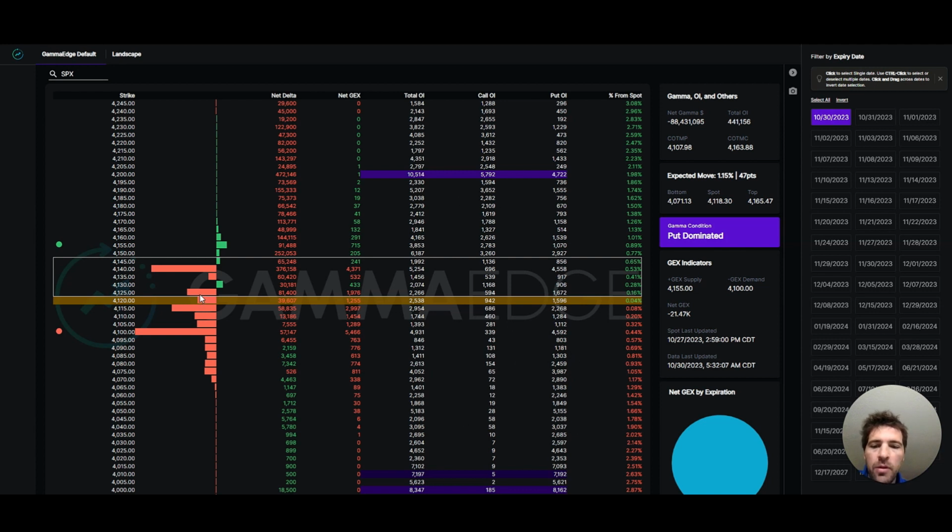So know what that means, that once we start progressing higher, those calls start to become in the money. You start to see more positive deltas. However, conversely to the downside, as we progress lower, puts become even more dominant. As we become more in the money, these deltas down here further shift red to put dominated, just to understand what that means for the complex.